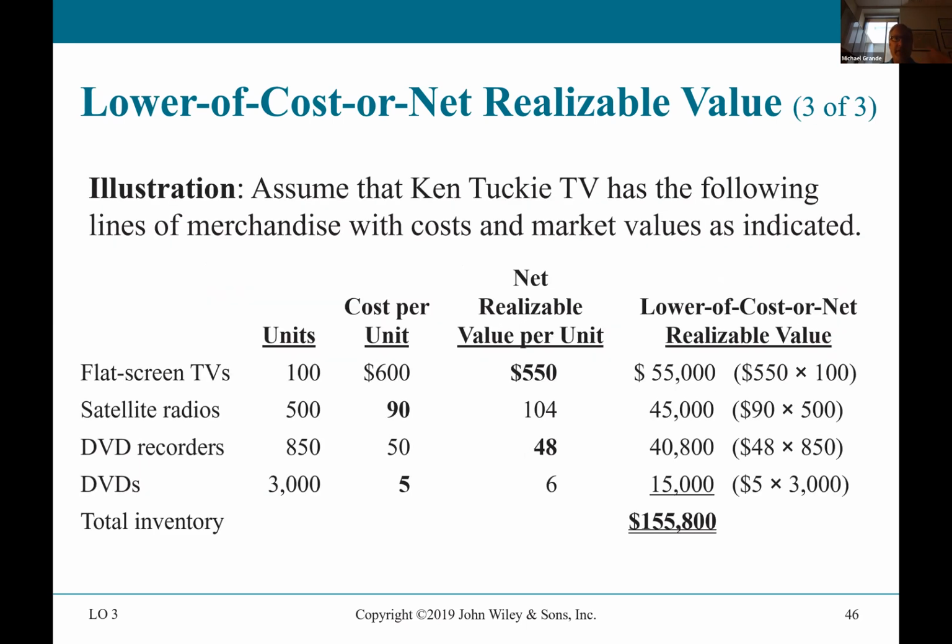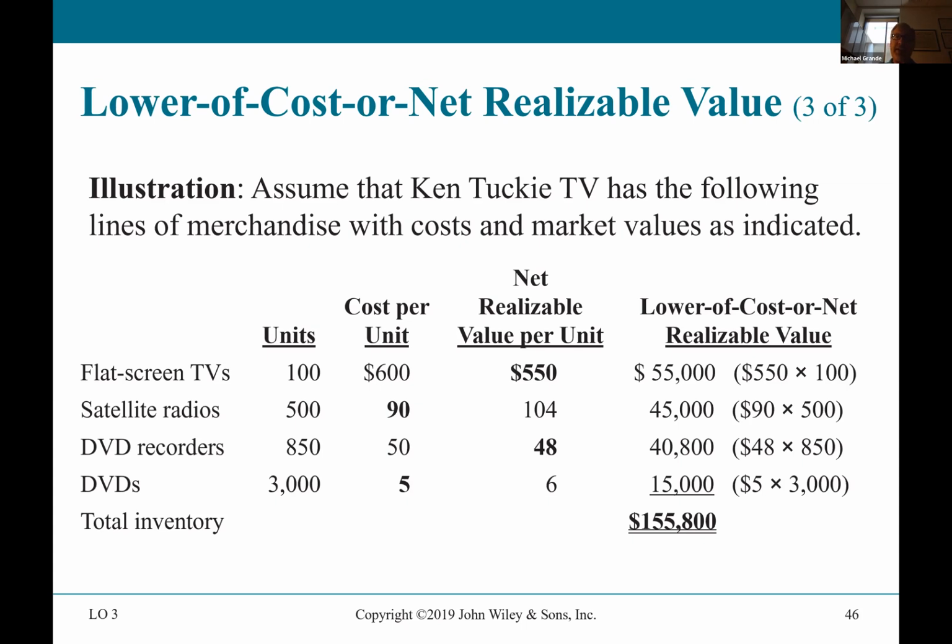So here's an illustration. Ken TV has the following lines of merchandise with costs and market values as indicated. The flat screen TVs, they've got 100 of them. Cost per unit, $600. Net realizable value, $550. So when we value the inventory, we're going to use the $550 because that's the net realizable value. Satellite radios, they've got 500 of them.